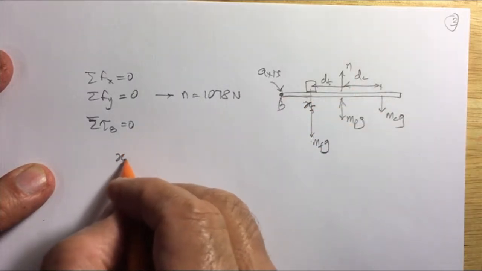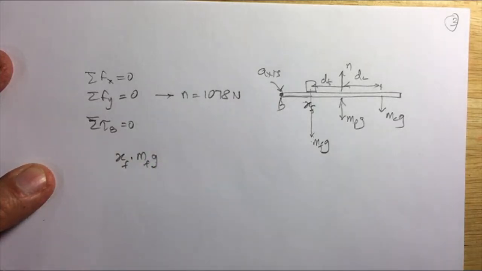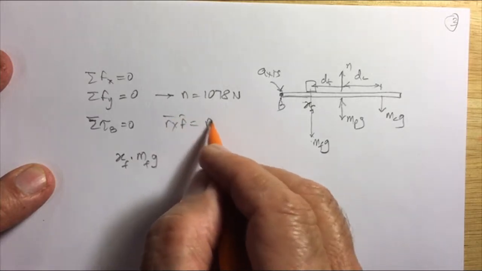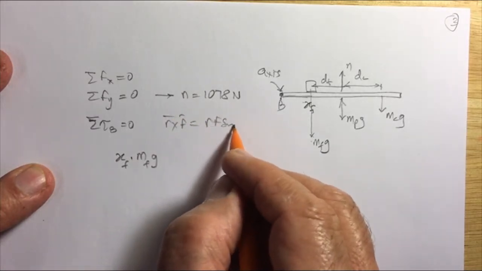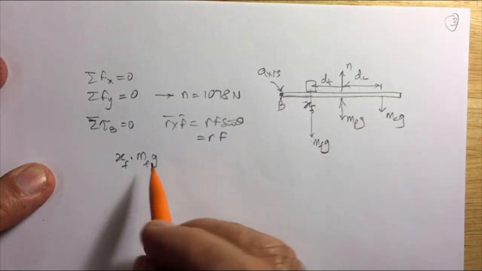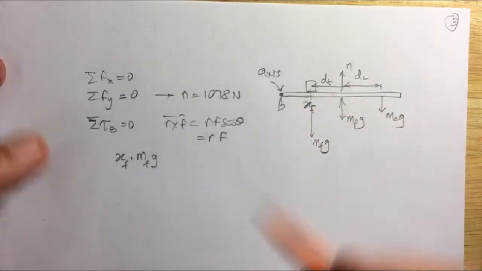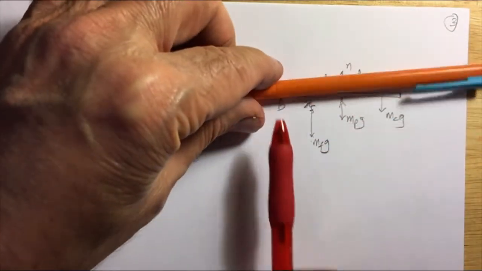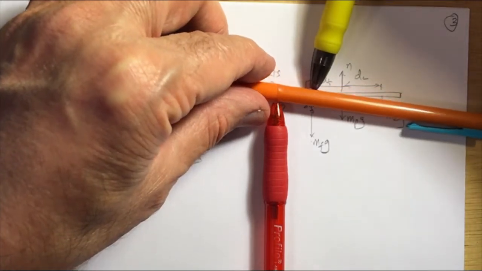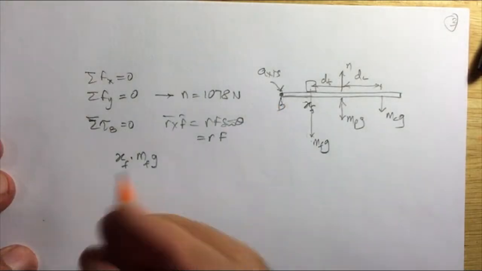So it's going to be x_f m_f g. This is our r cross f, which is r f sine theta, which is simply r f, because the thetas are still 90 degrees. So it's going to be x_f times mg, and if the fulcrum is here and the father is pushing down from here, it's going to be a clockwise torque. That's a negative.